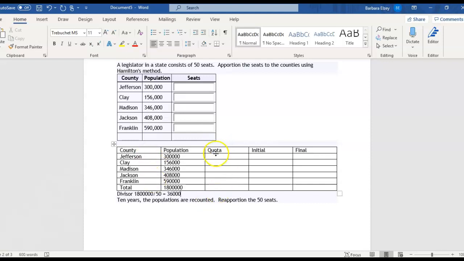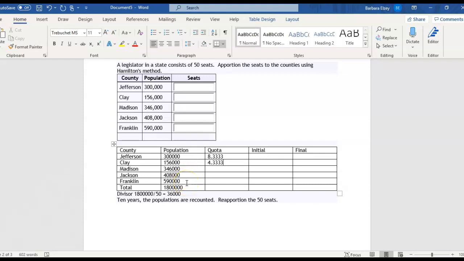All right, now remember we're going to get our quotas by taking each of these county populations and dividing it by our divisor, 36,000. So I'll do 300,000 divided by 36,000, and I'll get 8.3333. I'll just take that to 4 decimal places. 156,000 divided by 36,000, and we'll get 4.3333.